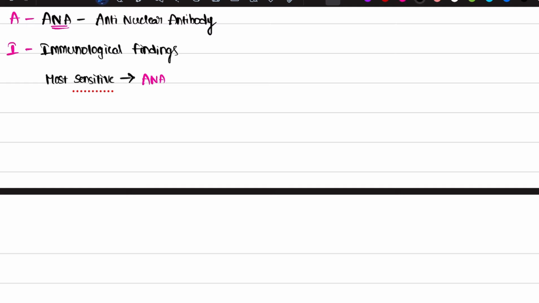Next, if the examiner asks about the most specific, the most specific is anti-Smith antibody. Anti-Smith is most specific.